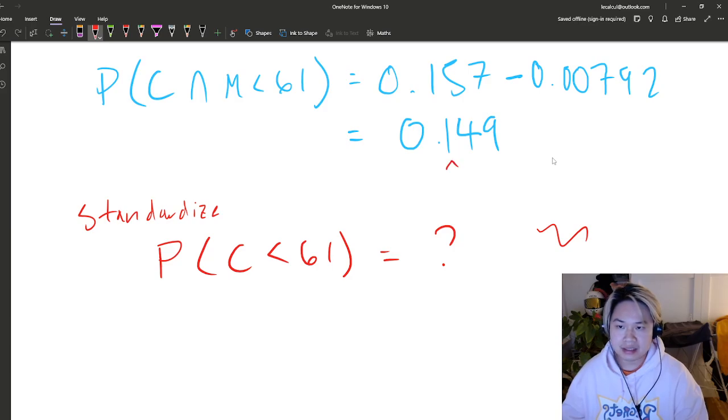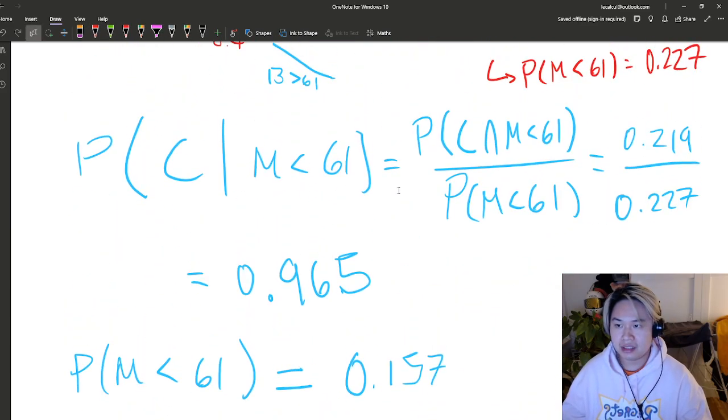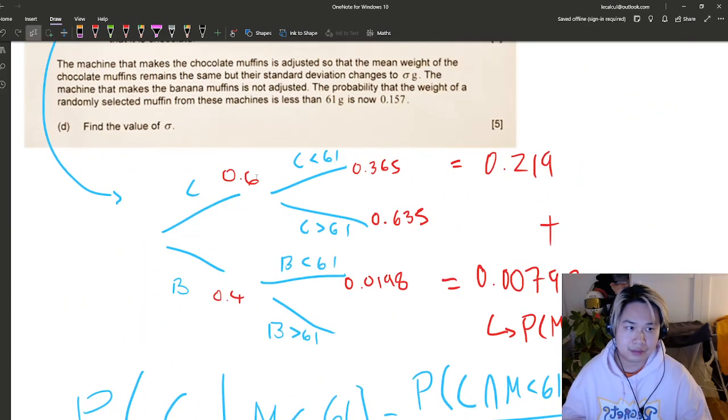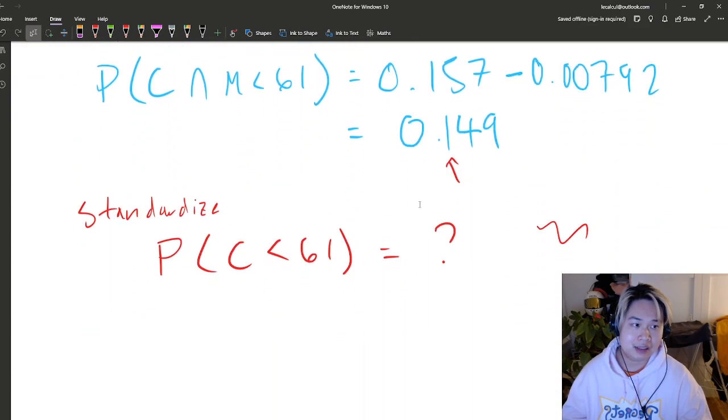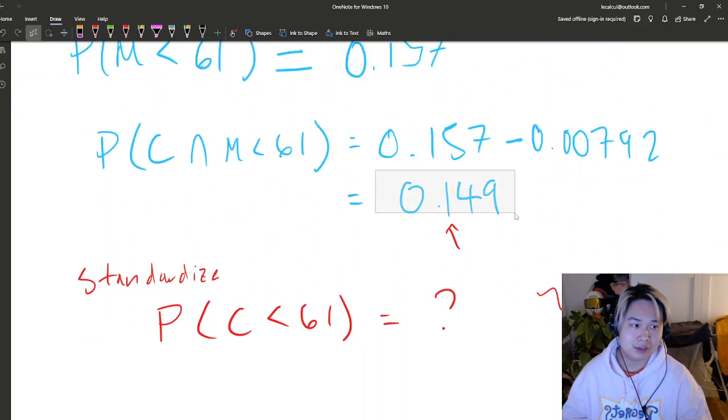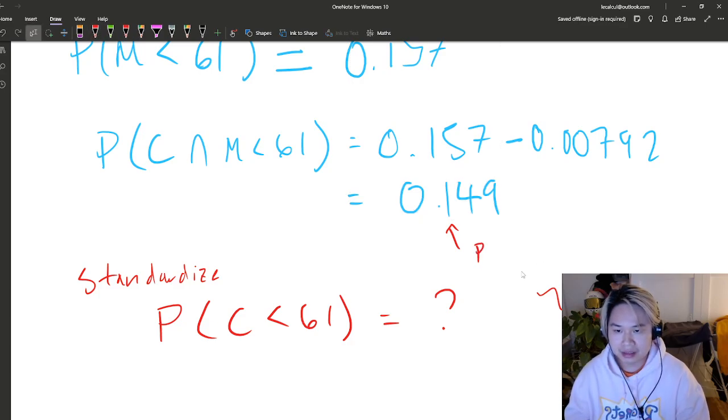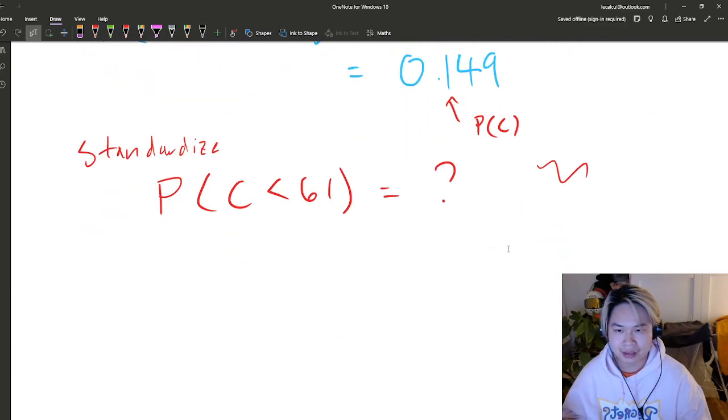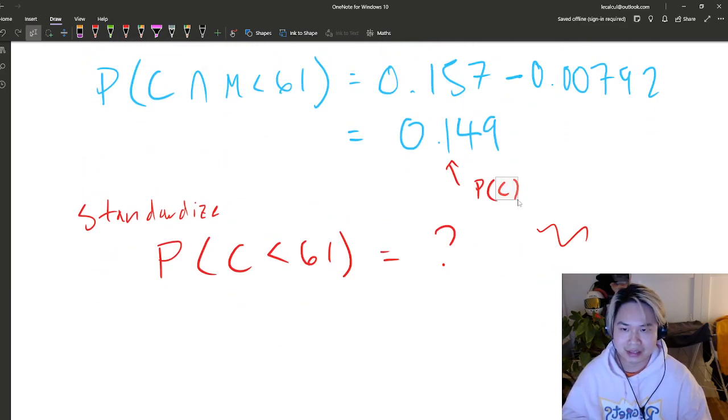What this is, if you remember the tree diagram, is first the probability of the muffin being chocolate, multiplied by the probability of the chocolate muffin being less than 61. So I need to take this new probability of their intersection, and keep in mind that this is the probability of it being a chocolate muffin. Let me just write chocolate.